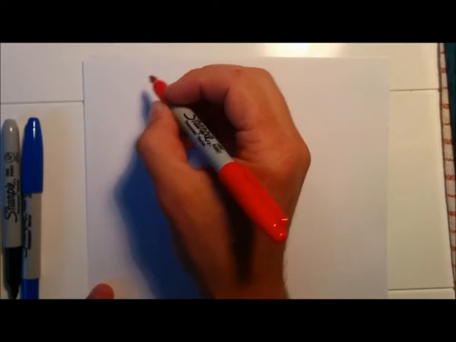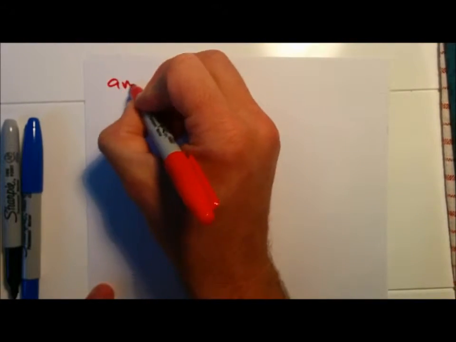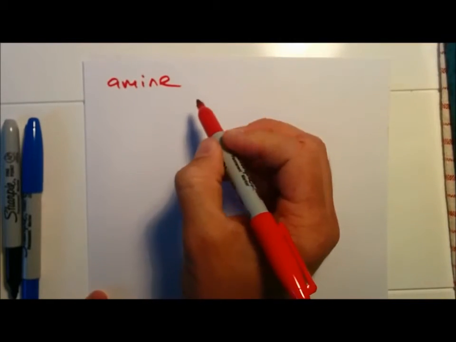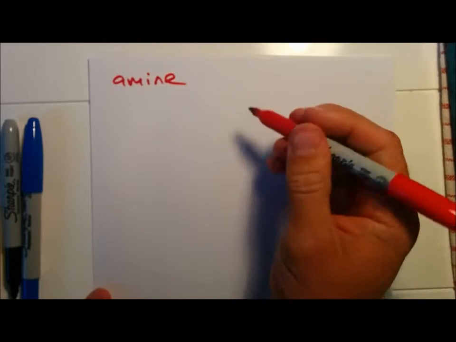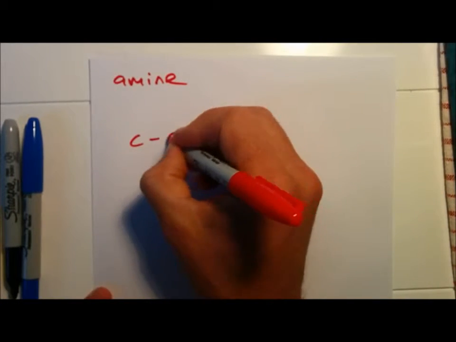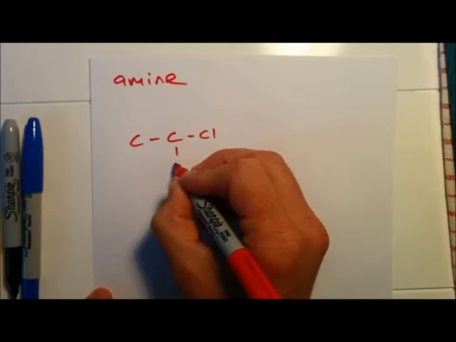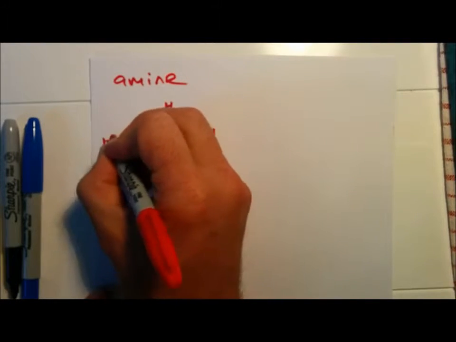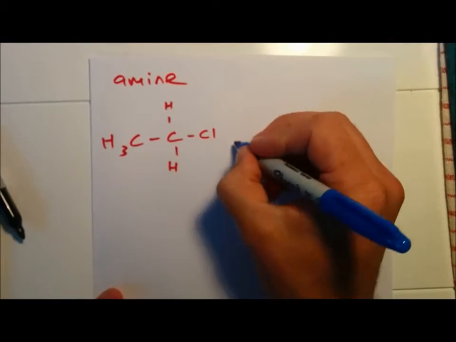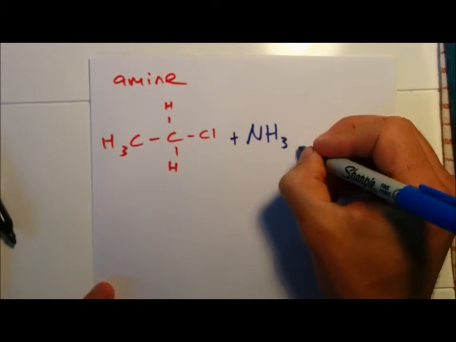So the second substitution reaction, you end up forming an amine. Okay. So, and it's a substitution reaction. So if we start off with chloroethane, and we are going to react it with alcoholic NH3.